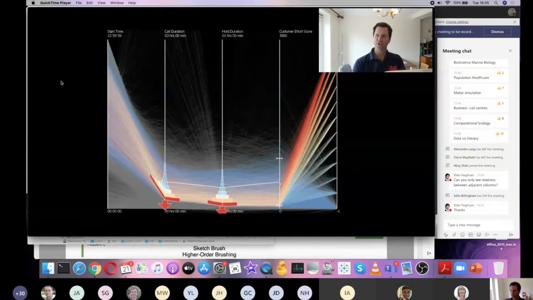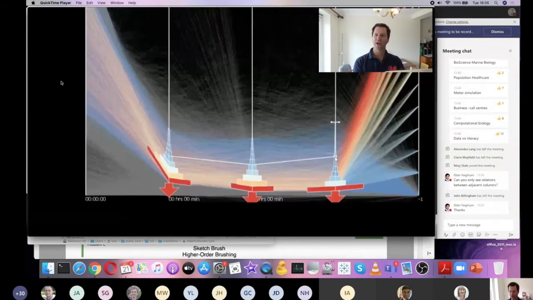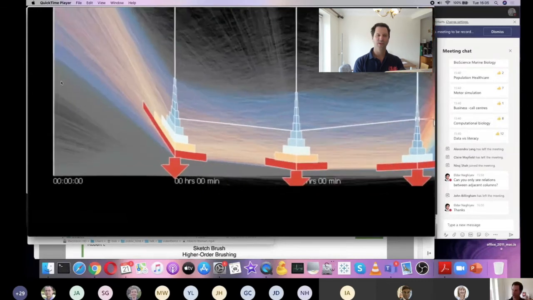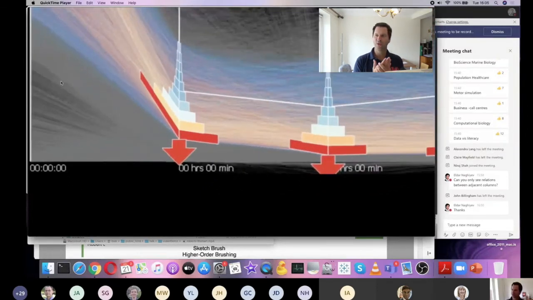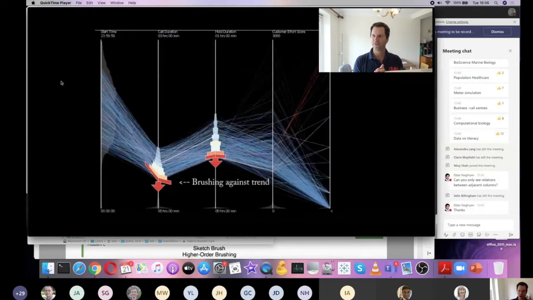And that's a special way of visualizing polylines that are overplotting. If they're overplotting, you can't see them, but you still want the information about how frequently they intersect the axis. You can get that information from these dynamic histograms that we can add to the axes of the parallel coordinates plot.